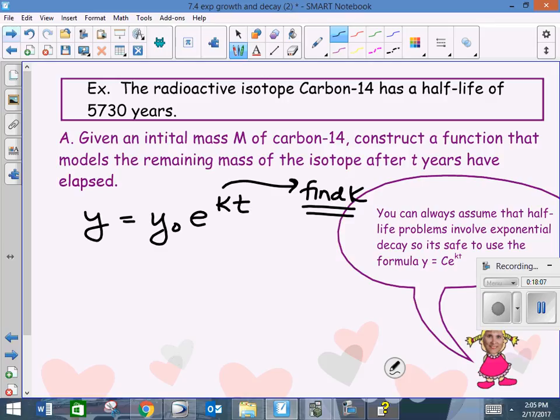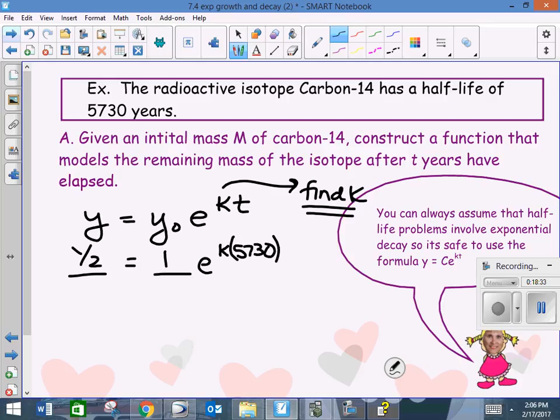Okay, can you help me out a little bit more with that? T equals 5730, okay. And y would equal 1/2 of y of 0? Yeah.